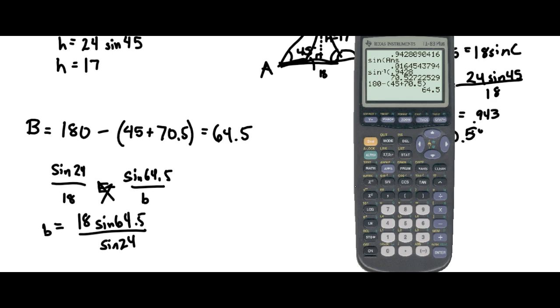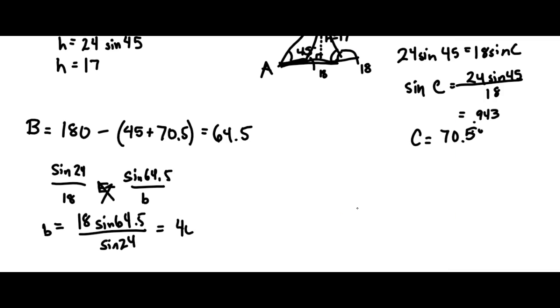I'll put that in my calculator. 18 sine of 64.5 divided by sine of 45 gets me 39.9, or about 40. So those are my three values for the smaller triangle. And unfortunately, now I have to go find those values for the larger one.